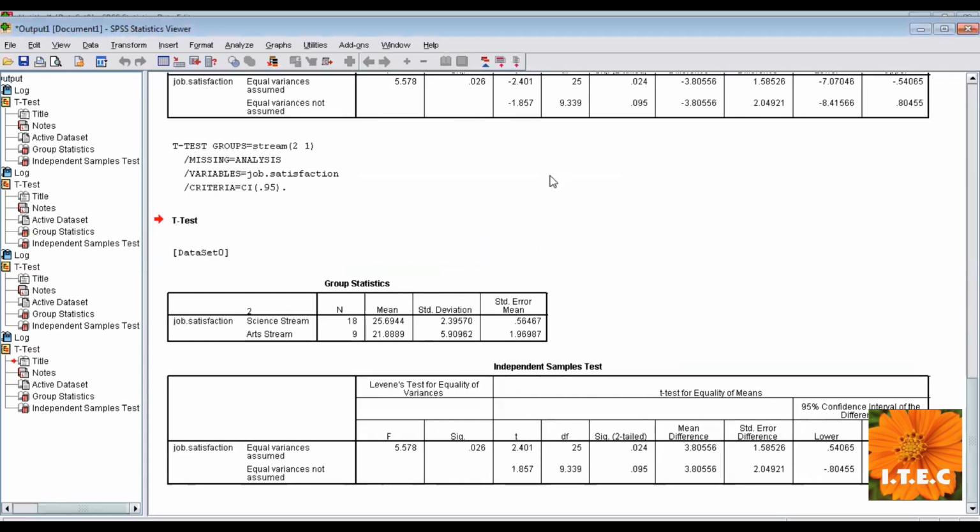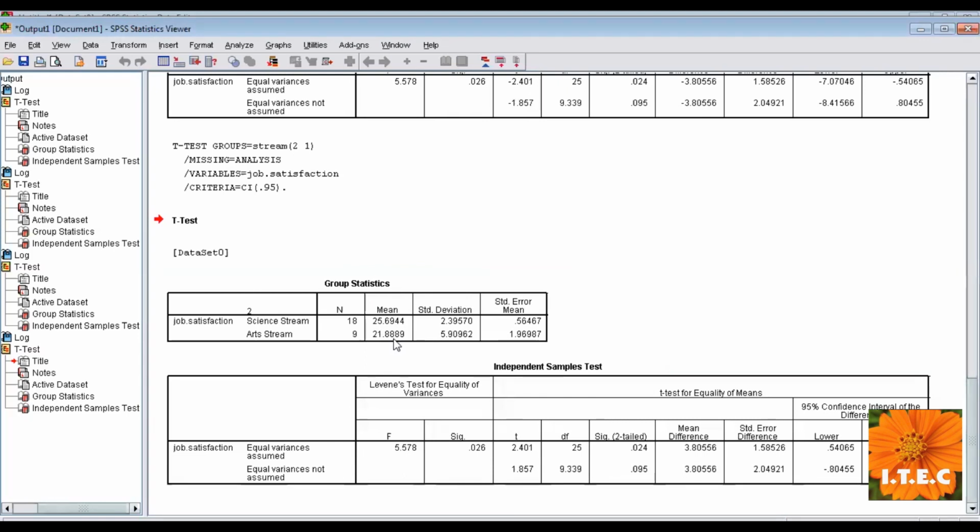It is the same value of the T. Here it is 2.401. This is also 2.401. All values are the same. And the minus has come because the smaller value was written first, that 21.89 minus 25.69.